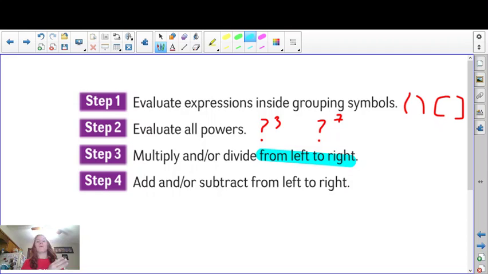You have to go in that order, ladies and gentlemen. I don't know how much I can stress that, and that's where most of us have our issues, is that we just want to go, oh, multiplication always goes first. No, left to right, left to right, left to right. And then lastly, addition or subtraction, again, from left to right as well. Typically, most people do that one fine, but for some reason, those multiplying and dividing parts, that's where we just struggle.